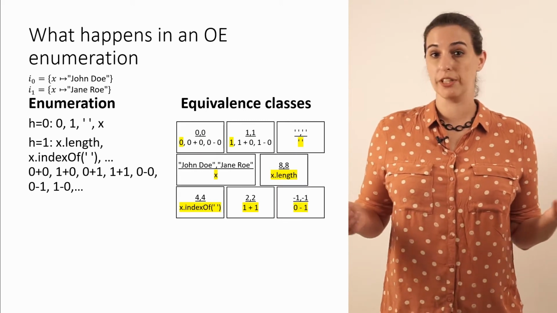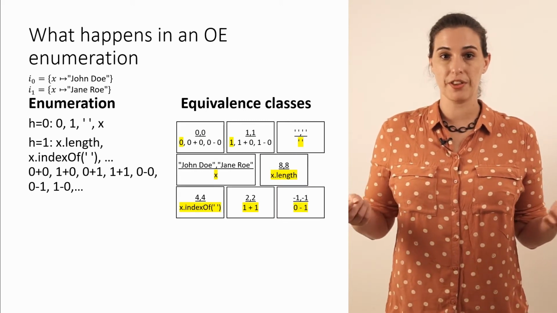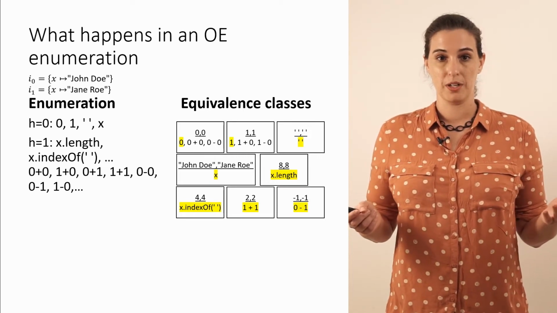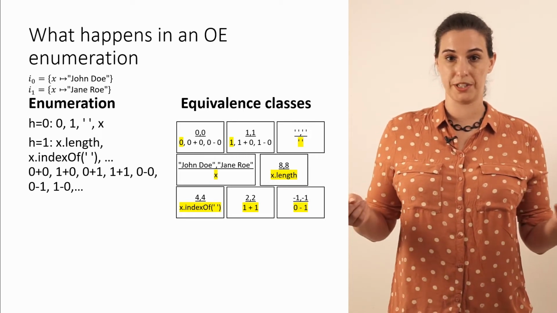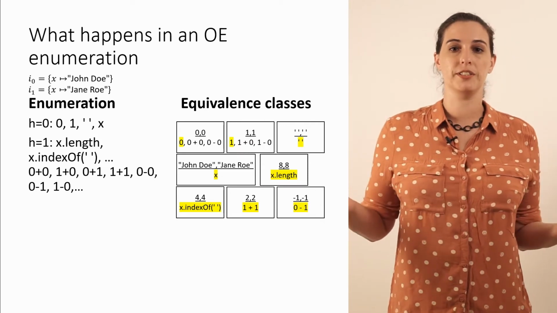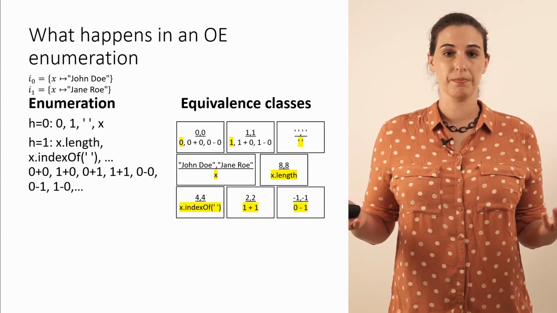We also do some literal arithmetic, and here we see that, for instance, 0 plus 0 is in the equivalence class of 0, but we've already chosen a representative 0, so we're going to just get rid of it and not use it in the next phase of the enumeration.